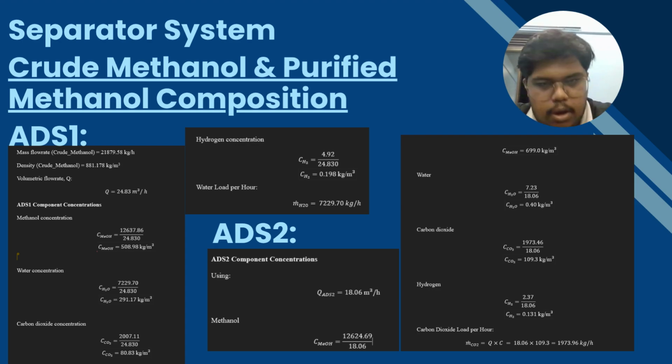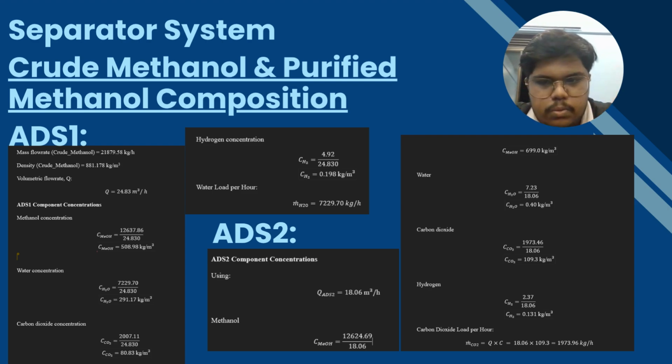7,229.7 kilograms per hour. Right, so after water removal in ADS1, the stream enters ADS2 at a lower volumetric flow rate of 18.06 cubic meters per hour.